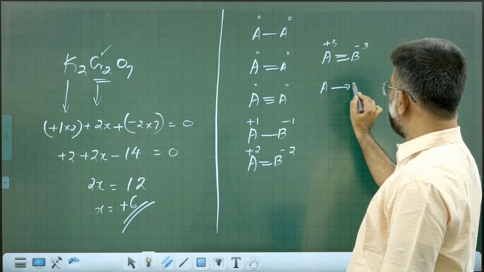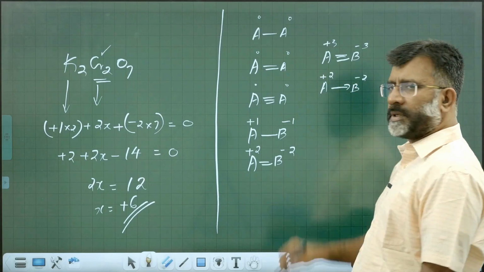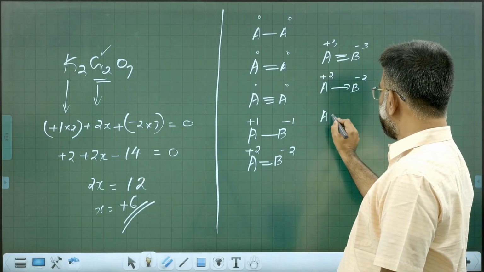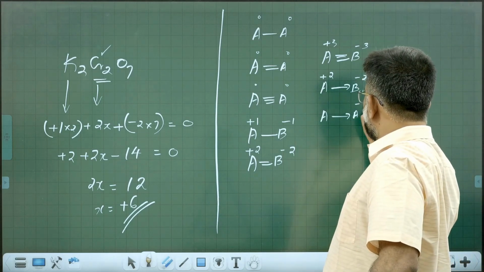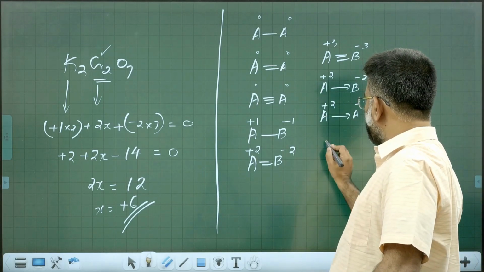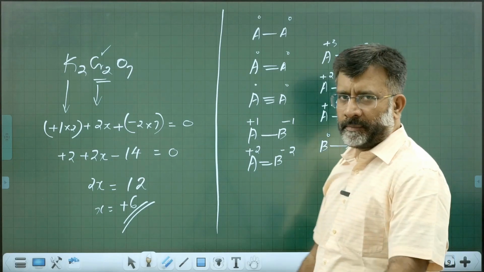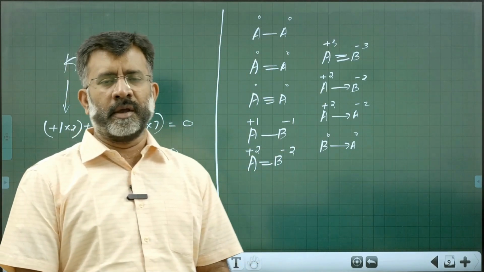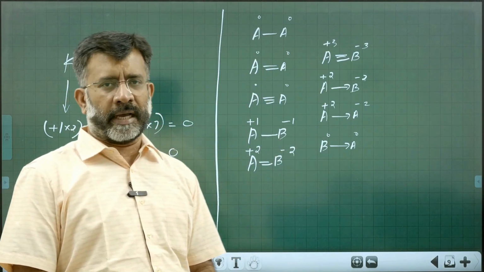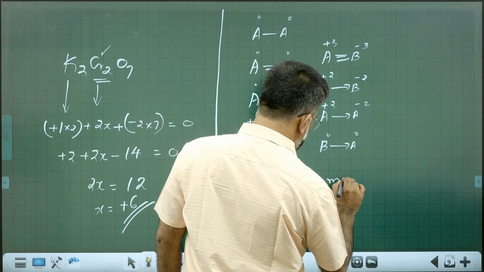Suppose it is an A-B coordinate bond, it is -2, +2, dative bond. Suppose it is an A-A dative bond, it is -2, +2. Suppose it is a B-A dative bond, it is 0. Let me remind you, A and B are hypothetical elements where B is more electronegative than A.